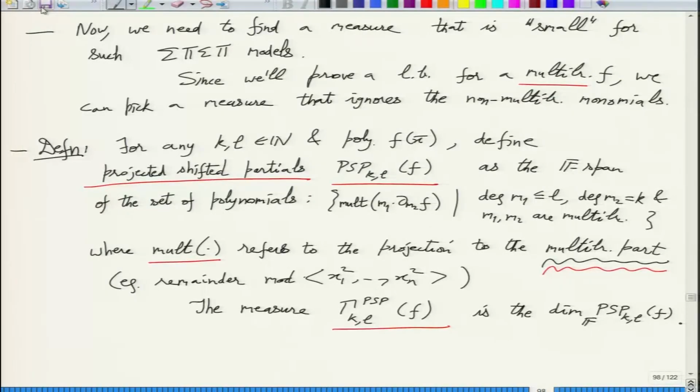and its motivation is the previous lemma where we randomly restrict the variables. So it is good for proving an upper bound, because in any Qij, if you have x1 square appearing, it will not contribute anything to the measure. So the upper bound will come out to be small, which is the correct thing to have.